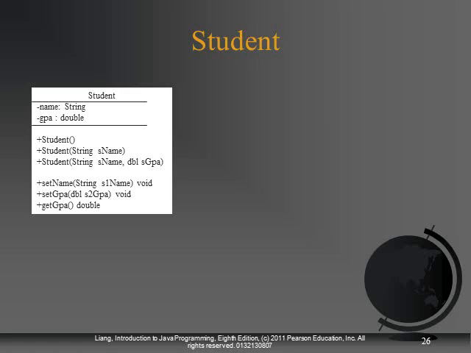This UML diagram indicates the student class has two private variables. The minus sign in front of our private variable names, or if I had private methods, there would be a minus sign in front of their name. The plus sign indicates that they are public. There are three constructors, one with no args, and two that take arguments.